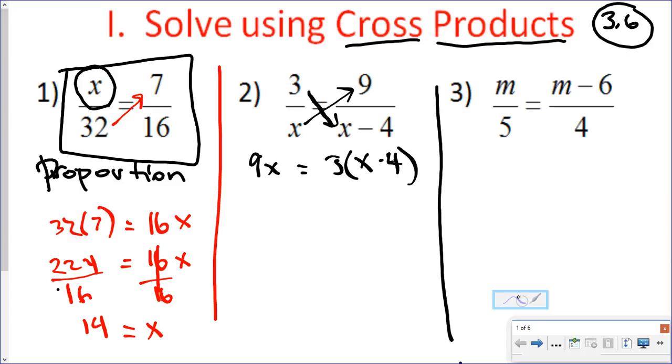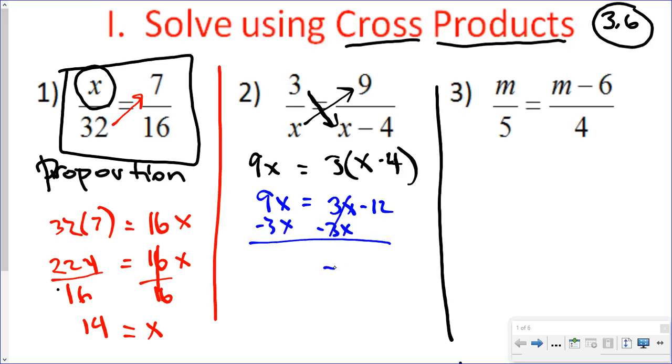We should have a clue on how to do this. Let's distribute first. 3x minus 12 on this side equals 9x. Then I will subtract 3x on both sides. So I get a negative 12 is equal to 6x. I think now we can see if you divide by 6 on both sides, you'll get x is equal to a negative 2.